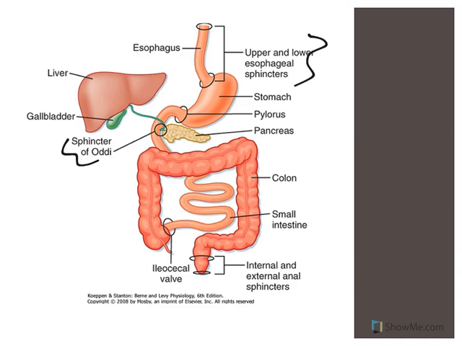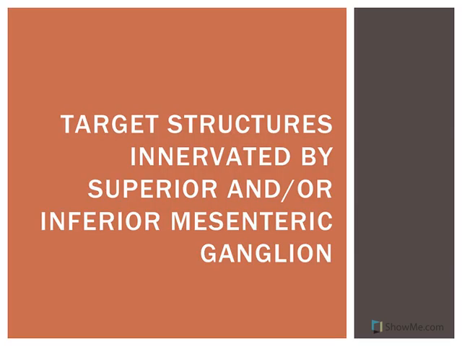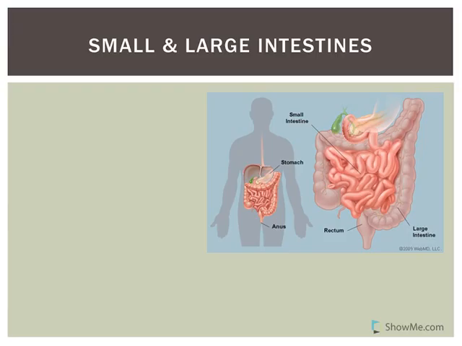Now the other things we'll see are the small and large intestine. Here's part of the small intestine and the large intestine, which is again part of the digestive system. So let's see what it does in there. All of the small intestine will be innervated by the superior mesenteric ganglion. For the large intestine, only the first couple of parts.